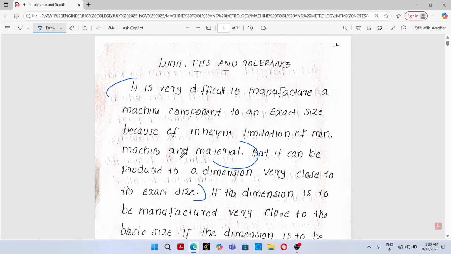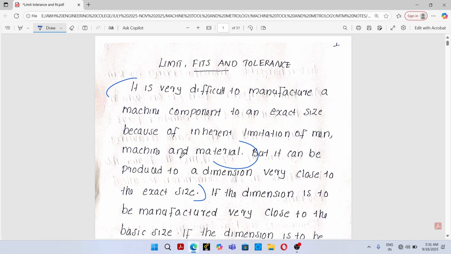So what is the need of a limit system in an industry? See, in a manufacturing process or a machining process, it is very difficult to manufacture a component to exact size as basic size due to inherent limitation of man, material and machine.